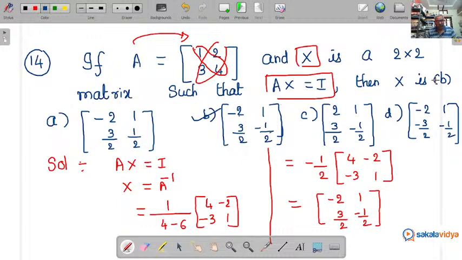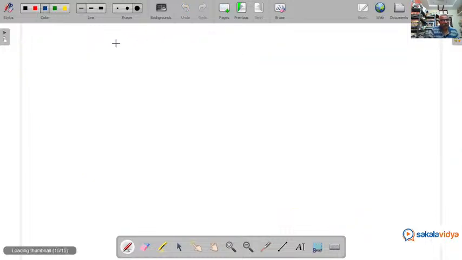Okay, let us try the last question. Let us try to solve the last question now. So, 15th question.